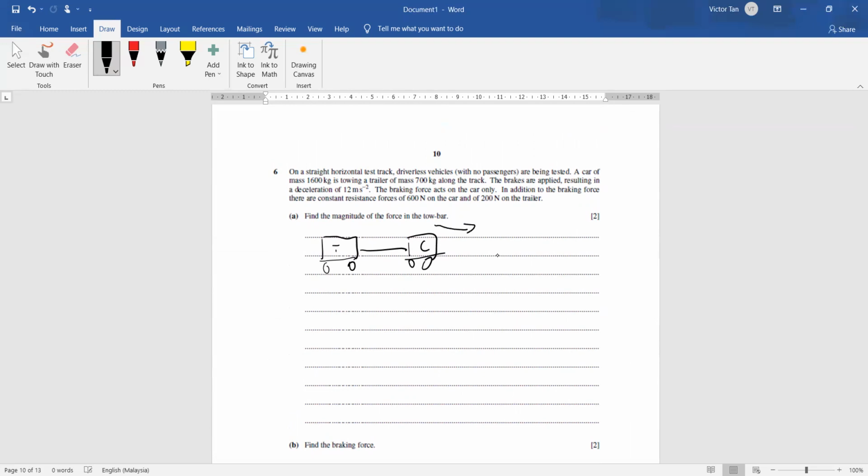It's moving this direction. So the force here is 600. The force here is 200.